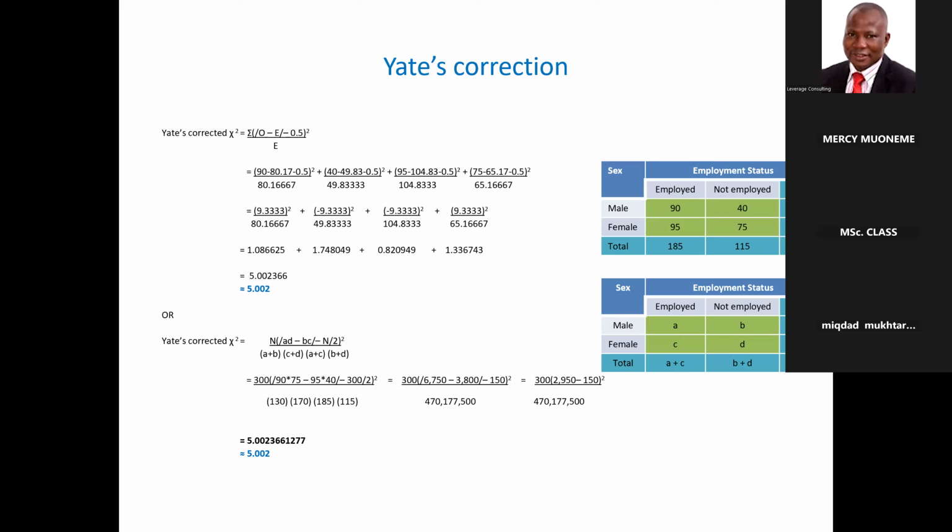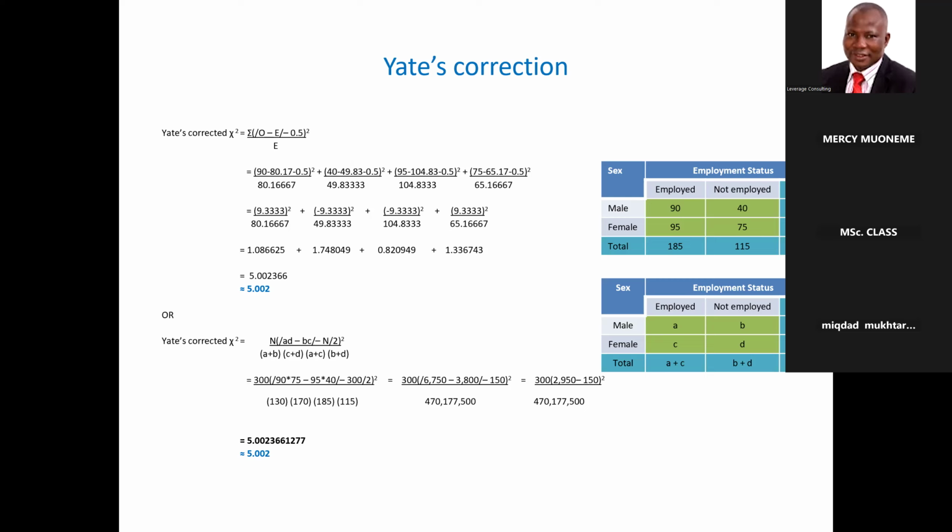chi-square is used to find association between 2 categorical variables. The chi-square itself is a continuous probability distribution, just like the normal distribution. You can even derive it from the normal distribution.